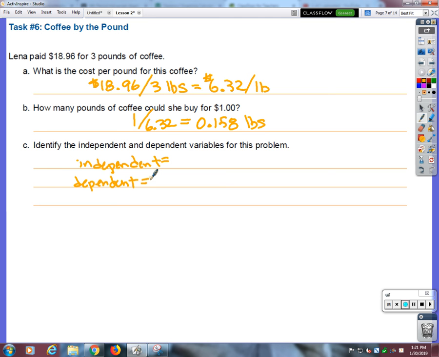People buy a certain amount of coffee, and then how much they pay depends on how much it weighed. But really, you could go either way. Does that make sense? Usually I would say that the cost depends on the weight. But the way they asked this question, the weight was depending on the cost.